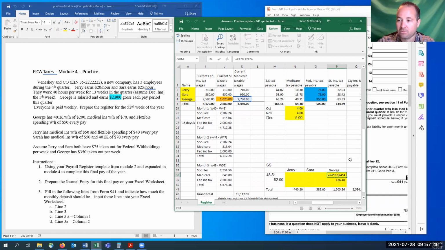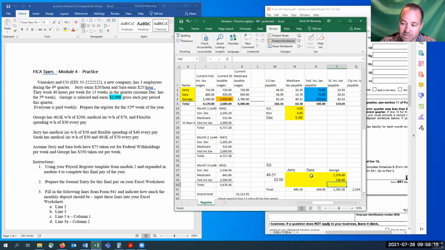And then multiply that by 4 pays, because there's 4 pays here. And then the 5th and final pay, and that's why I only have 1 here. You don't even have to have the 1. All I did is I took his 1,020 current taxable wages and multiplied that by the 12.4 for the 5th and final pay.